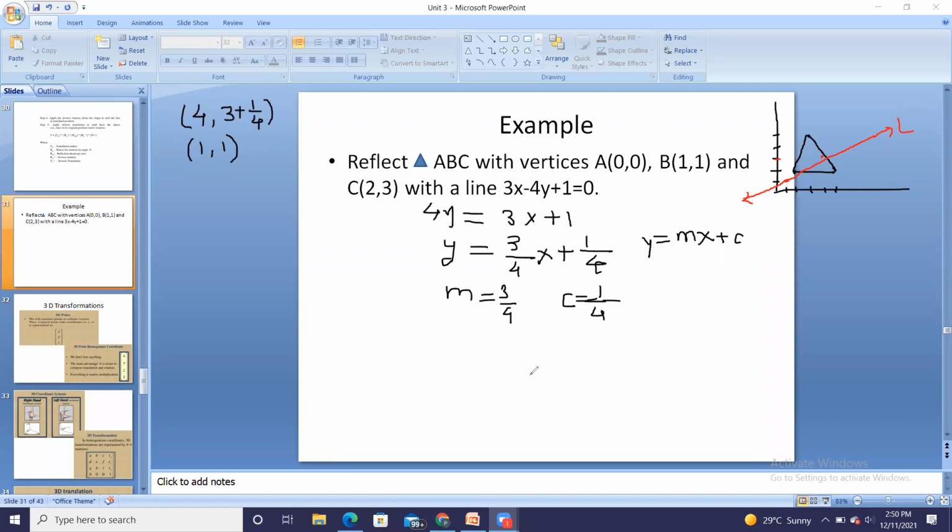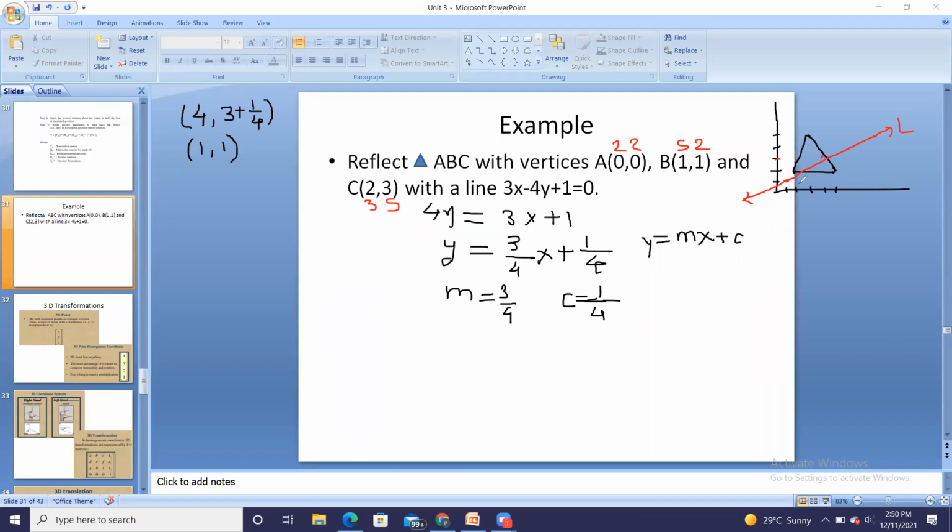Yes, ma'am. Repeat it. Okay, so we have A point (2, 2), B point (5, 2), and C point (3, 5). So what we have done, we have drawn this triangle ABC, and we have this expression of the line.